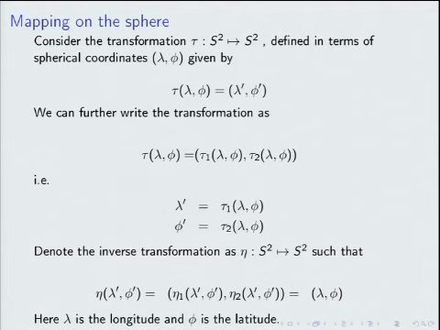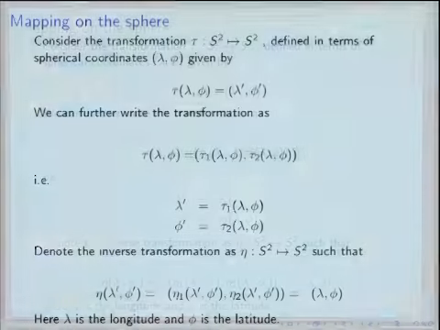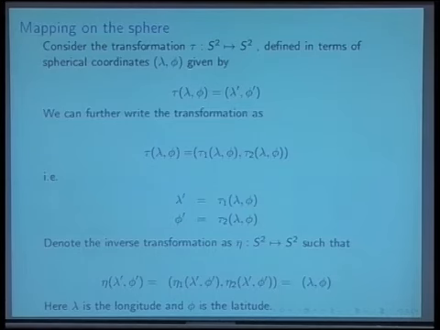So, we consider mapping on the spherical surface, that is a sphere denoted by tau, and this is defined in terms of the spherical coordinates. Lambda is the longitude and phi is the latitude, and this is transformed into lambda prime and phi prime.